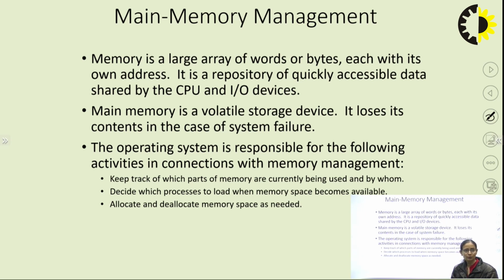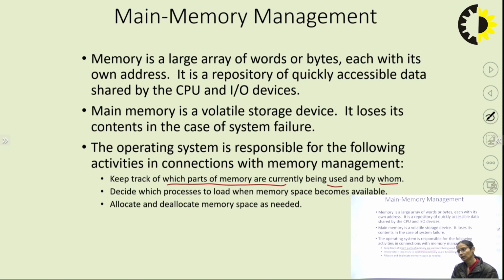So what are the roles of the OS with respect to your main memory? It keeps track of which parts of the memory are currently being used by which process, and how much. It also decides which process to load when memory space becomes available.